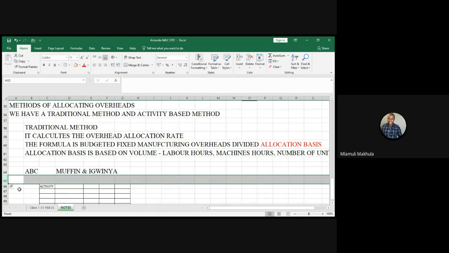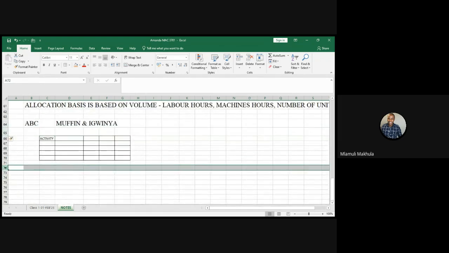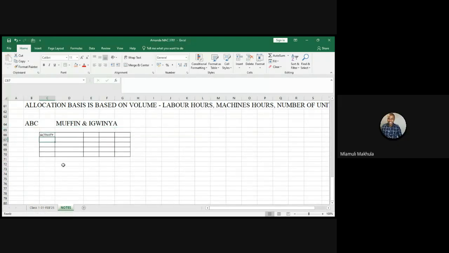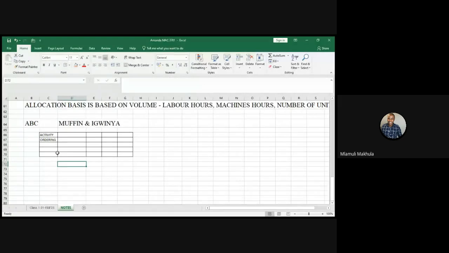Our activities that might be involved that are related to these products could be, let's say, ordering. Let's say when we're ordering flour at ShopRite, that's an activity. It could also be packaging when we're packing the flour in the storeroom.